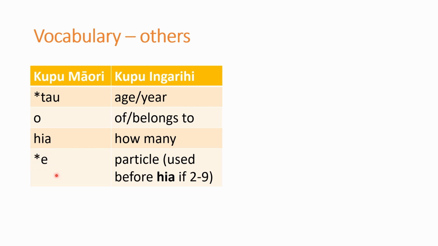E particle is used for when stating numbers of things when the numbers begin with a word of one vowel or 2 short vowels. In other words, numbers 2 to 9. The reason why 1 is not included is because when we have 1, we need to say kotahi. And the e is dropped as a result. Ka pai, just like the other unit.